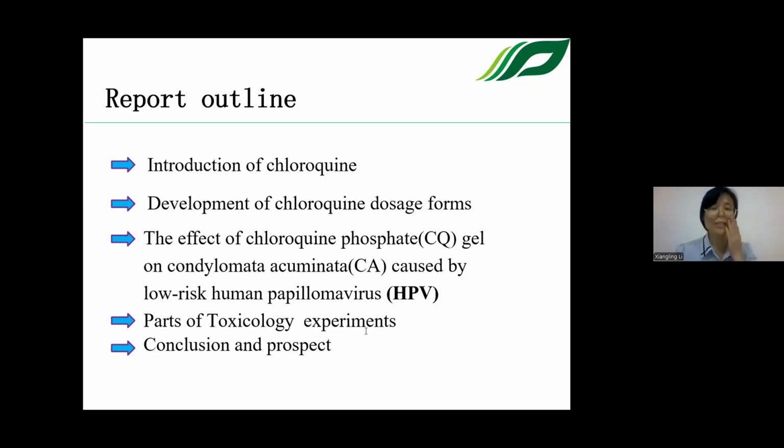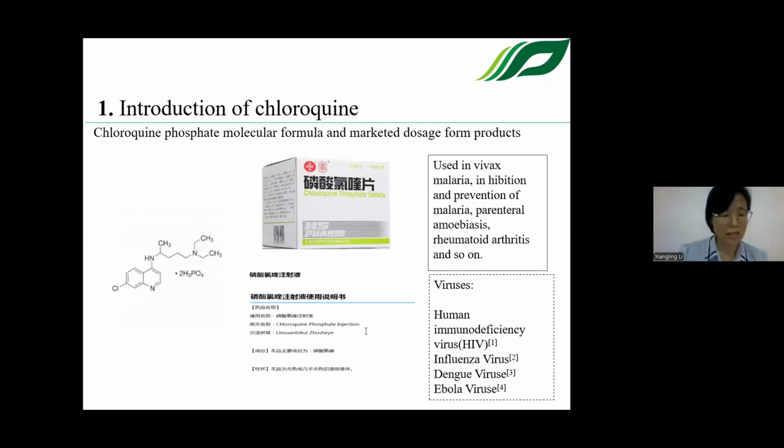Okay, let's see what chloroquine is. As we all know, chloroquine is a 4-aminoquinoline with two phosphate molecules, and currently there are 23 CQ products on the market in China, including 22 chloroquine phosphate tablets and 1 injection.